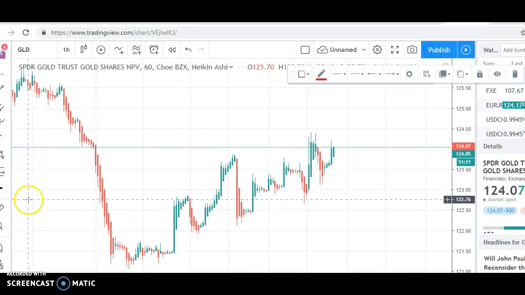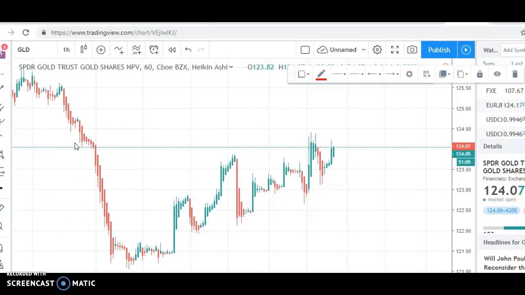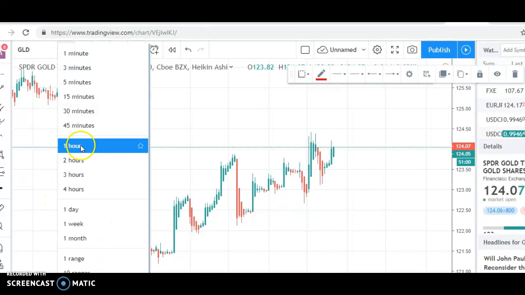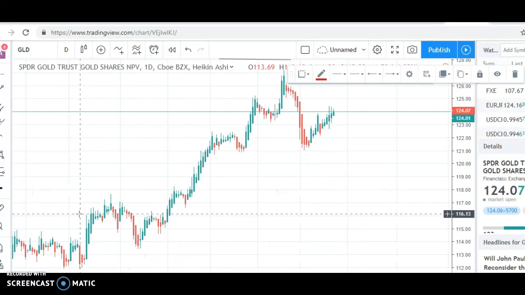So let's see what happens for today. We're actually on the hourly time frame right now, trading gold, and let's see what happens in the daily time frame. Gold has been heading upward for a while now.